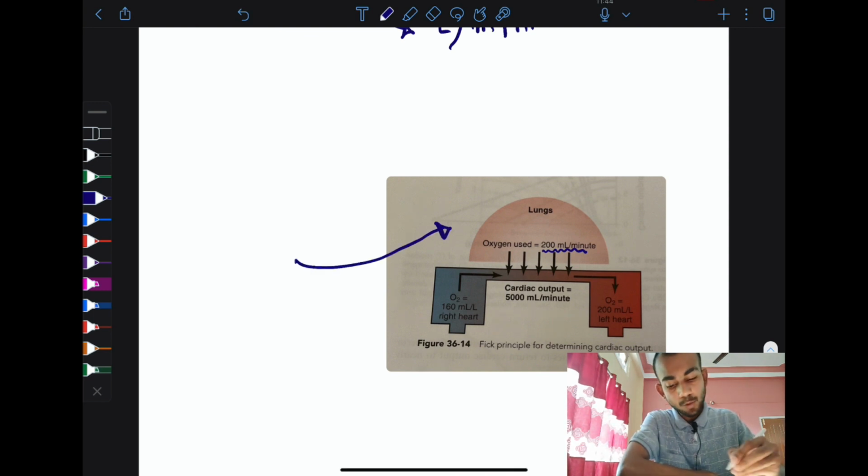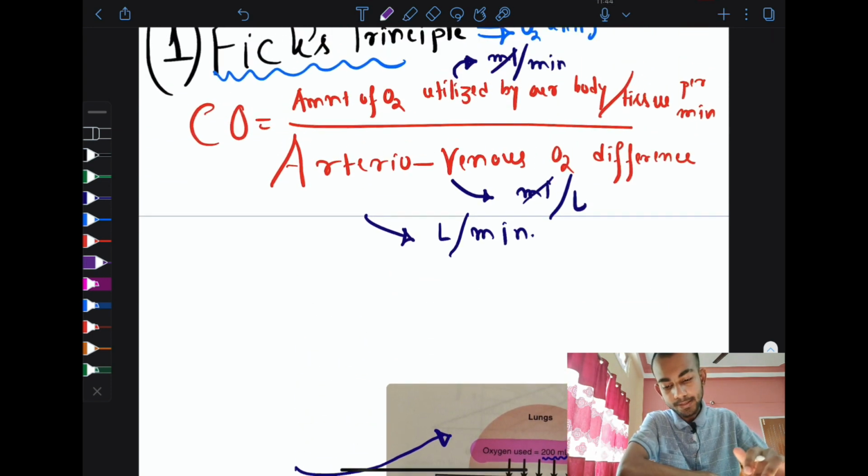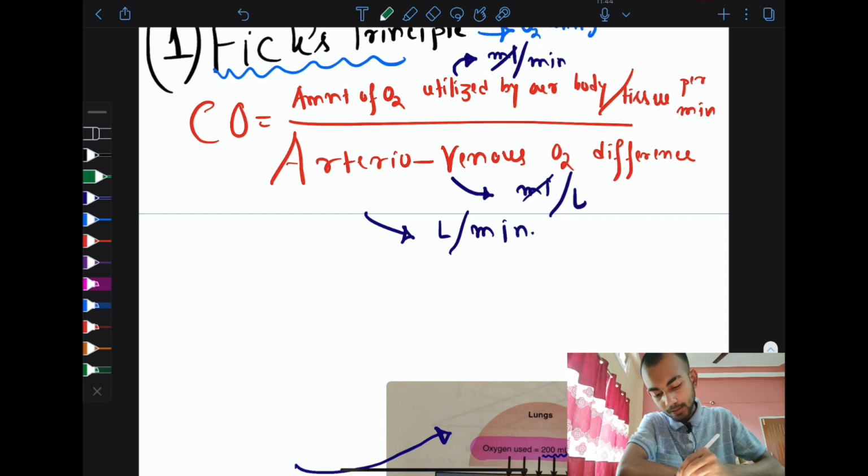In this diagram we have the amount of oxygen used, that is 200 ml per minute, by our body, and we also have the diagrams of the pulmonary artery and pulmonary vein. Coming back to the formula, we need the arteriovenous oxygen difference.